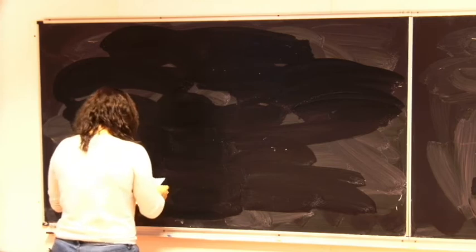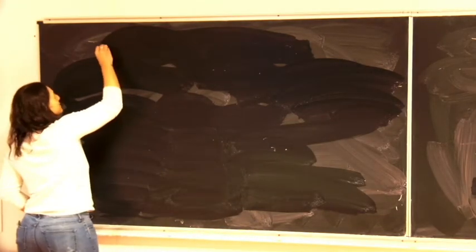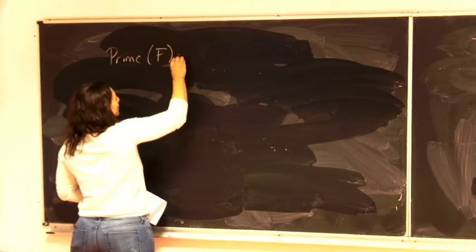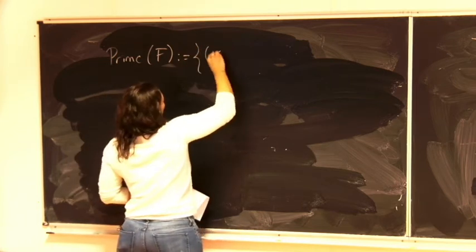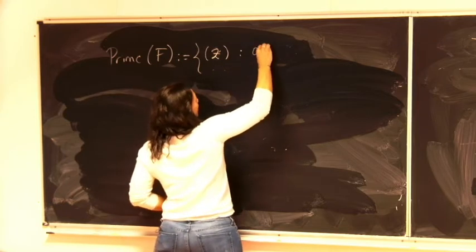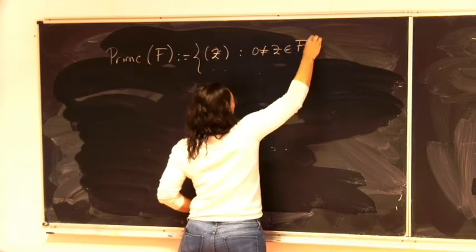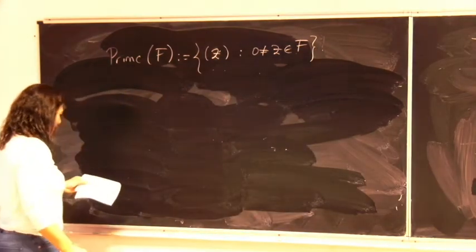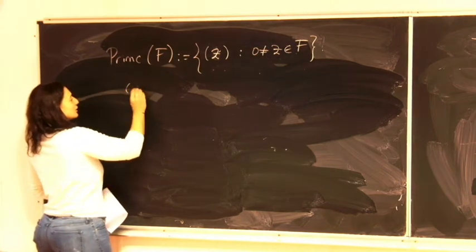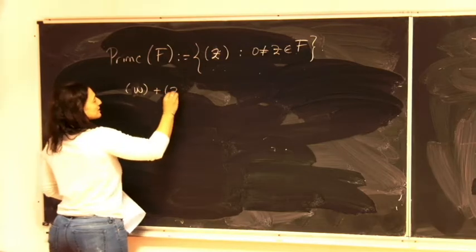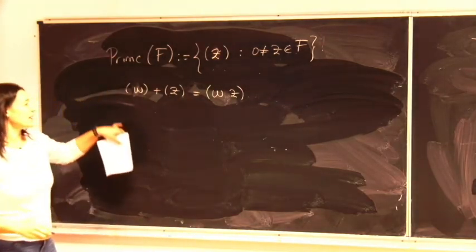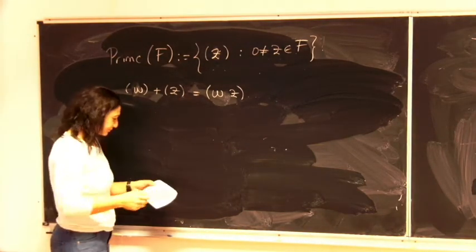Actually, you can define this set of principal divisors, called Prin(F), which are all the principal divisors of non-zero elements of the function field. And if you have, let's put w plus c, then this is w times c, and you can prove that this is all well defined.